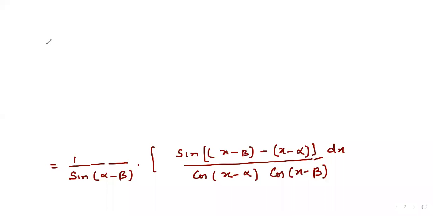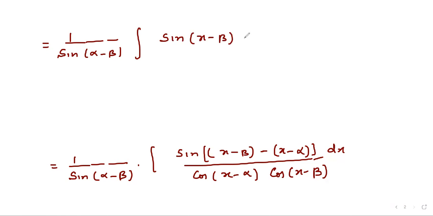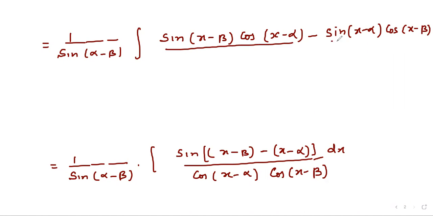Here we expand it by using sine a minus b. 1 upon sine alpha minus beta times integration sine x minus beta times cos x minus alpha minus sine x minus alpha cos x minus beta, and divide both terms separately, and there is dx at the end.